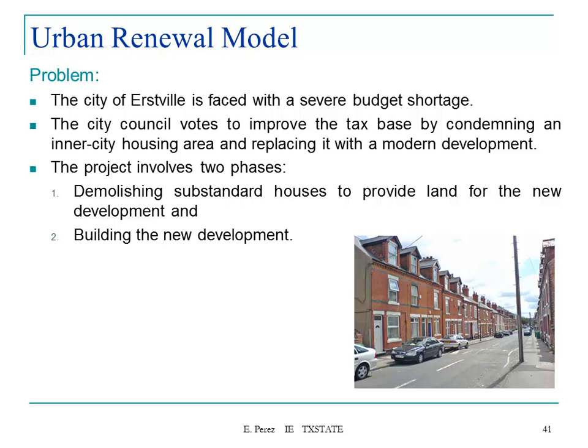The project involves 2 phases: demolishing substandard houses to provide land for new development and building the new development. So we're going to demolish some properties and build some new ones to try to work with this budget.